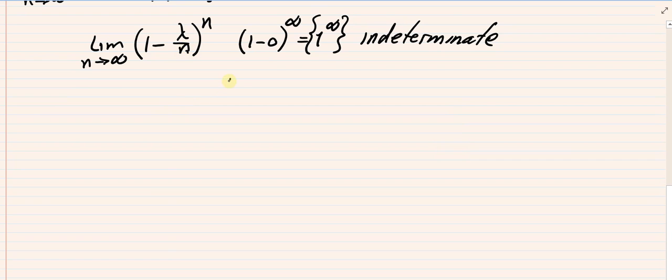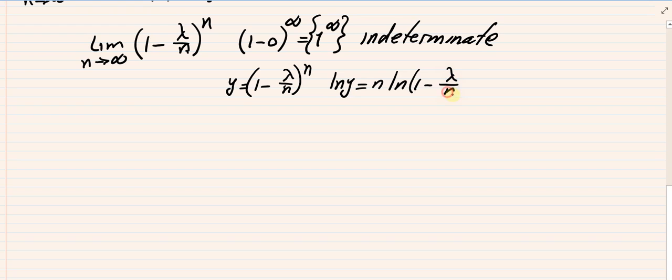So if I let y be 1 minus lambda over n, to the n, then the ln of y is going to be n natural log of 1 minus lambda over n. Okay, so we're going to take the limit. Instead of the limit of y, we're going to take the limit of the natural log of y as n goes to infinity.